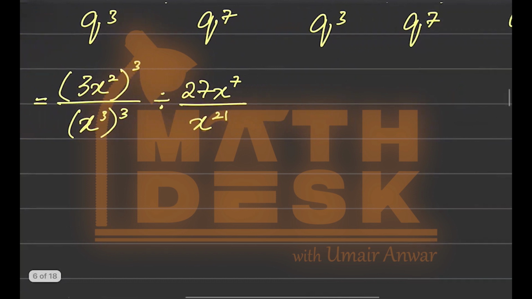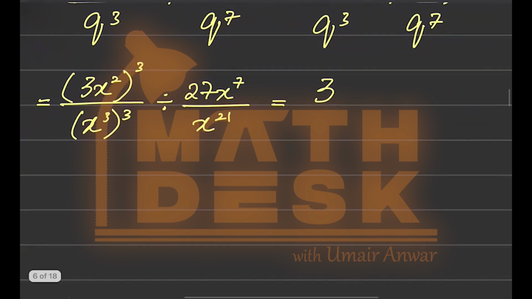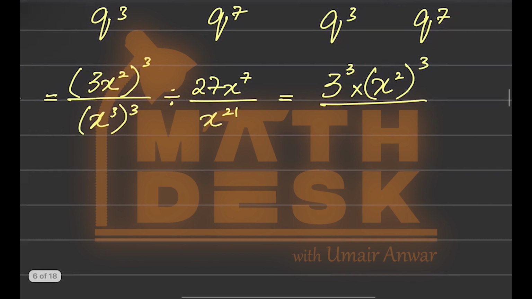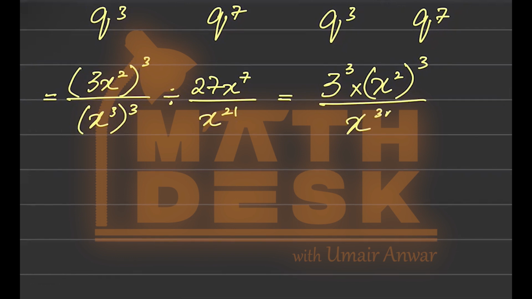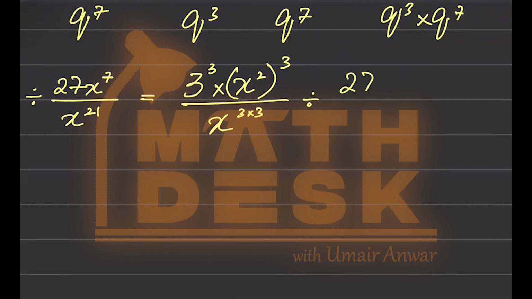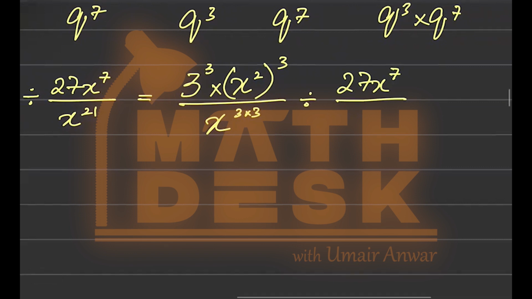Now, in the numerator of the first fraction, again, the third law of indices would be applicable, and also the power would be distributed over both factors. So I would be writing 3q into x squared raised to 3. And in the denominator, the third law will be applied. So 3 into 3 divided by 27 x raised to 7 over 21 x raised to 21.